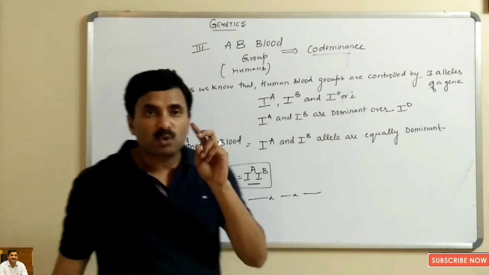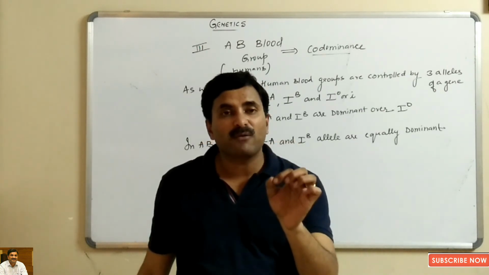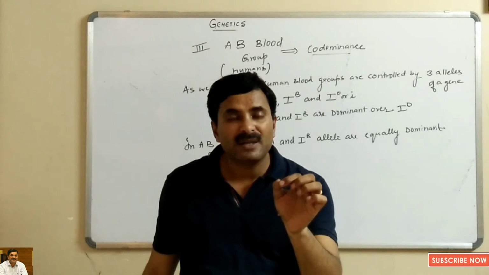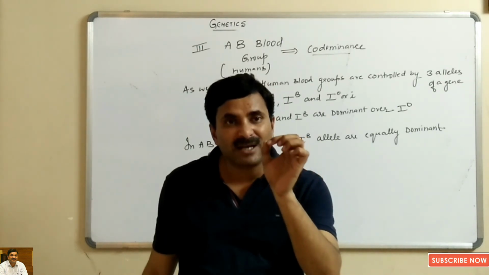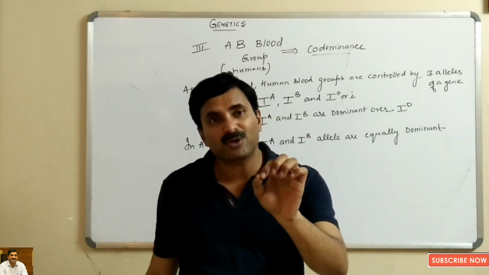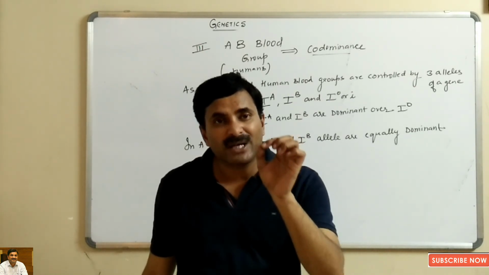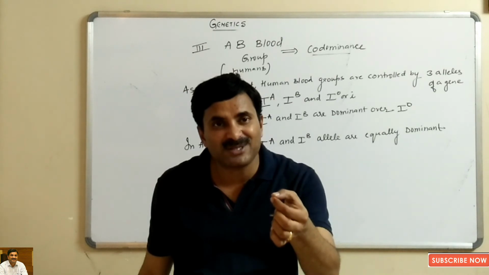So to understand the concept of codominance, we started with dominance, then talked about incomplete dominance, and then codominance. In traditional dominance, the dominant allele is fully expressed in the F1 generation.